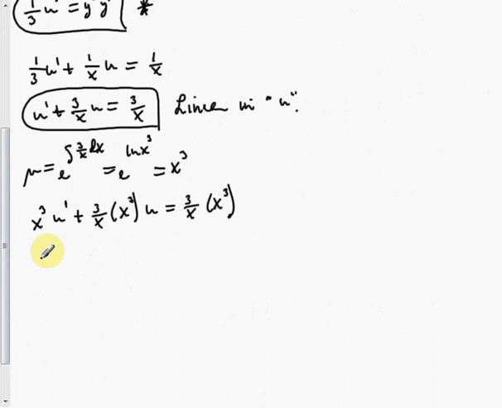The left side, remember, is always automatically the derivative of the product of the integrating factor and the dependent variable. So this is the derivative of the product of the integrating factor, which is x to the third, and u is the dependent variable. This is equal to 3x squared. Integrate both sides.